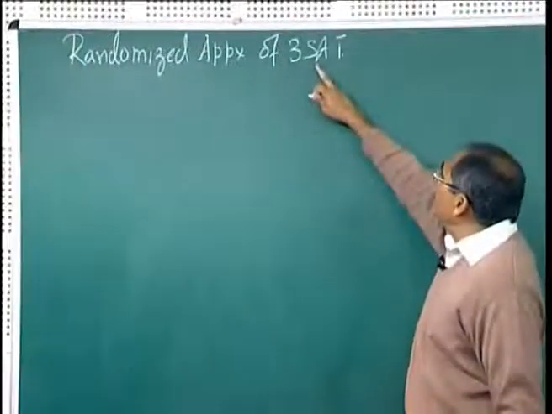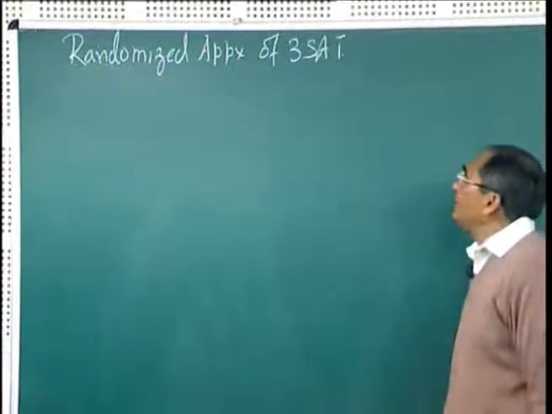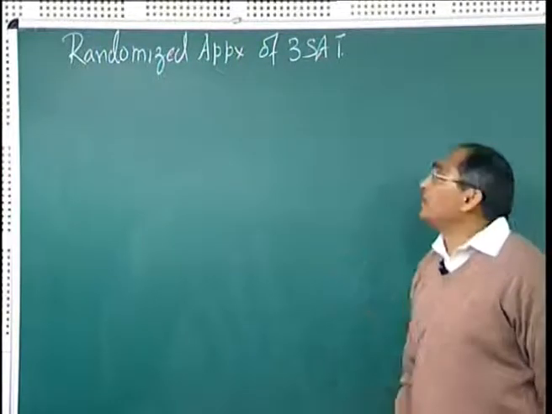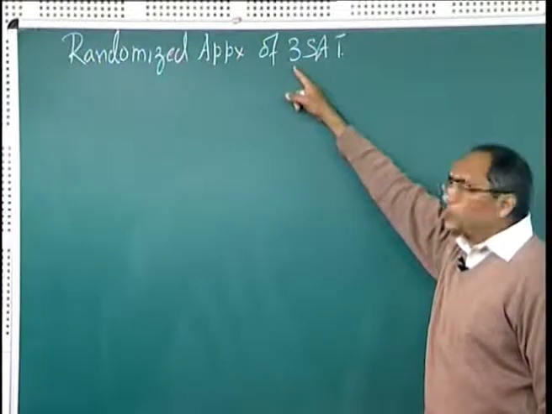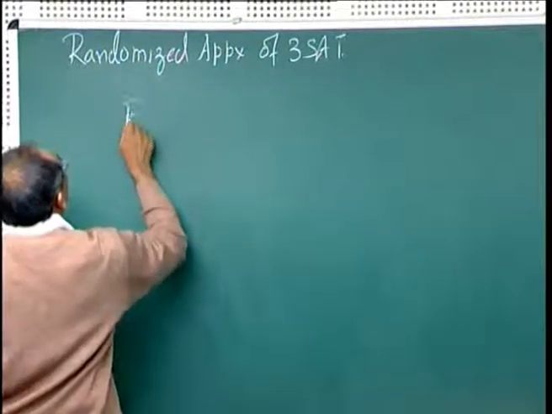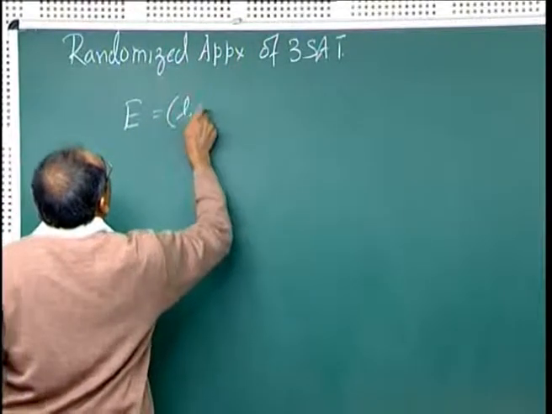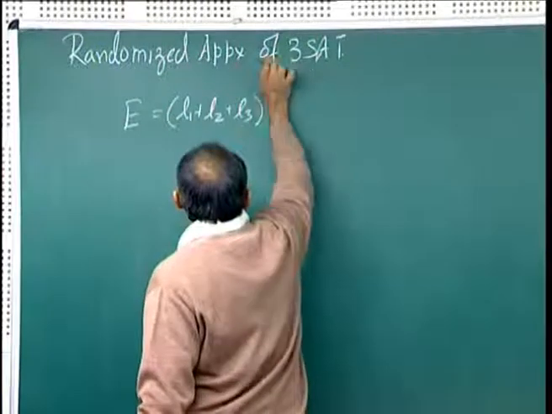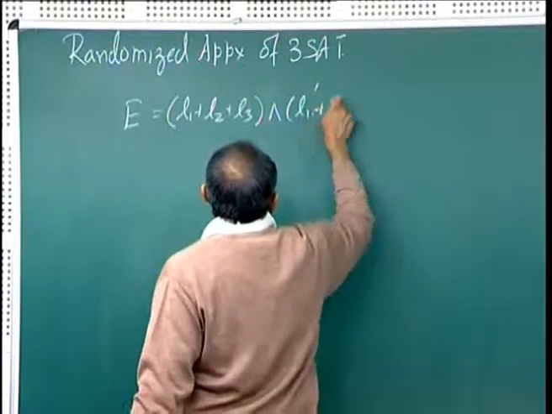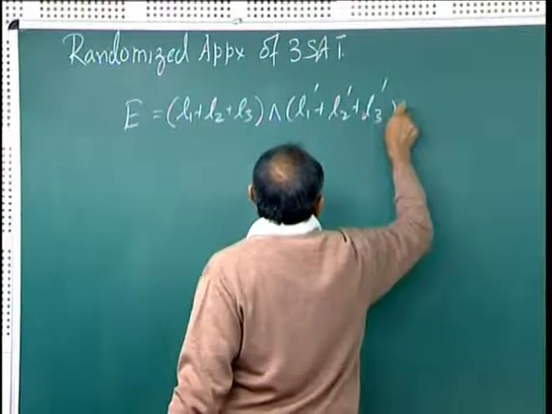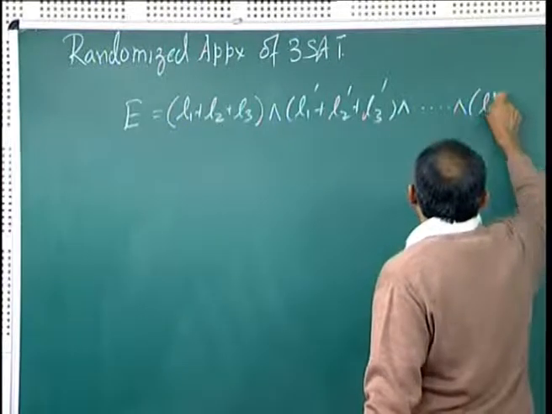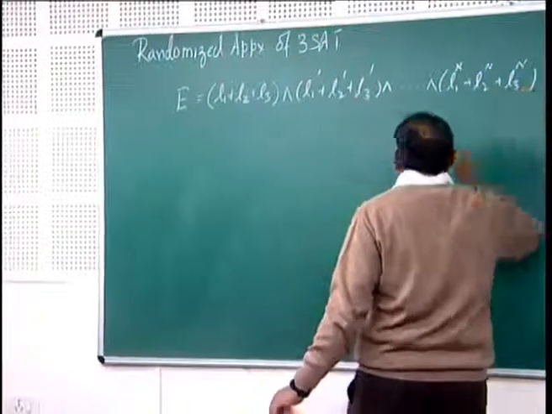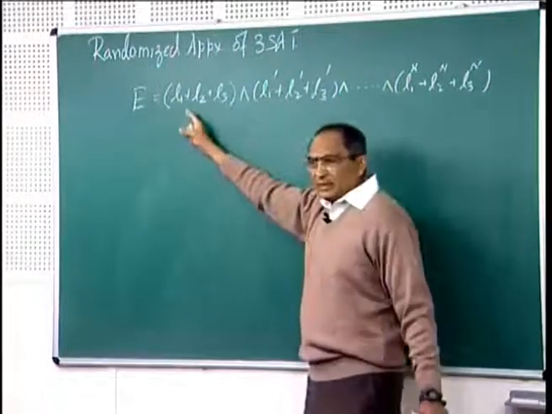You are aware of the problem of satisfiability, that you are given a Boolean expression in conjunctive normal form and you want to check whether it is satisfiable or not. 3 SAT means that that expression, let us say expression E, has n clauses, every clause has exactly 3 literals in it.